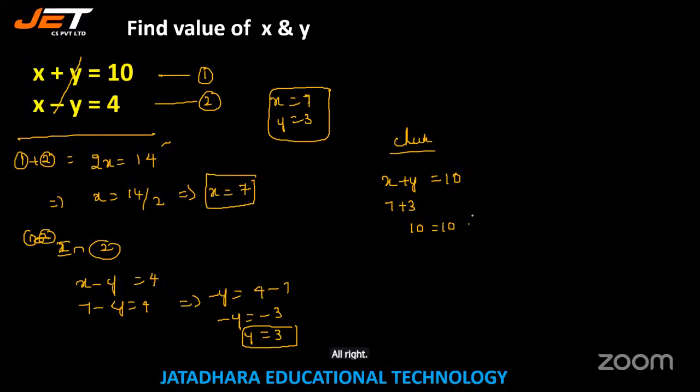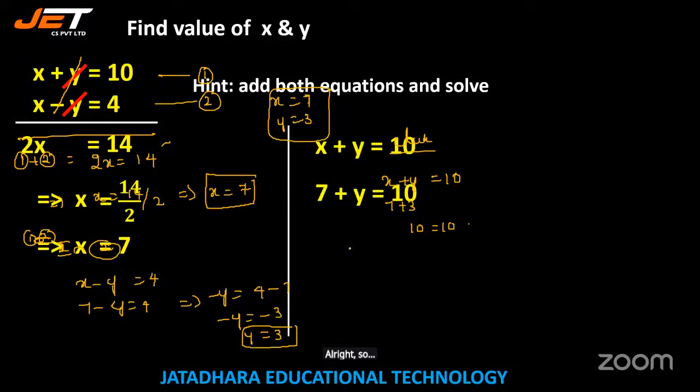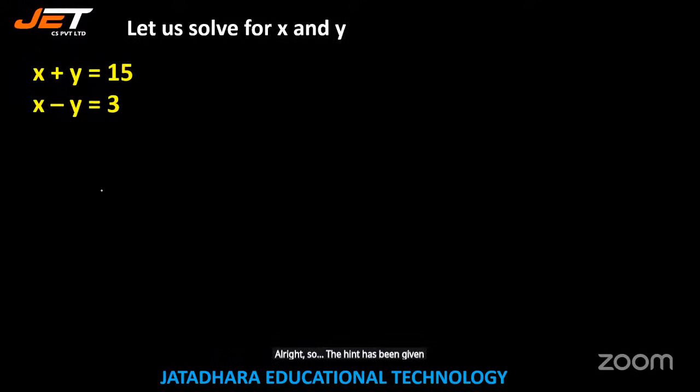Good students. From the next question onwards, we'll see how many of you are giving the correct answers. The hint has been given. Now let's move on to the next question. Quickly do the sum and give me the answer. By then, let me also solve it for you.